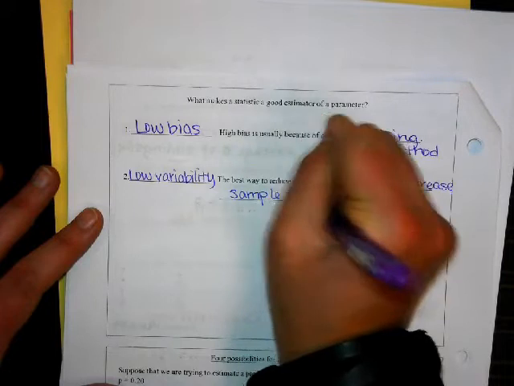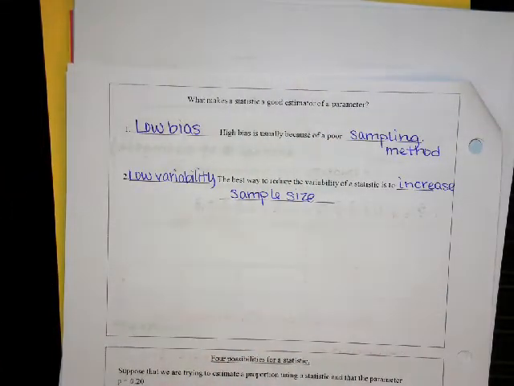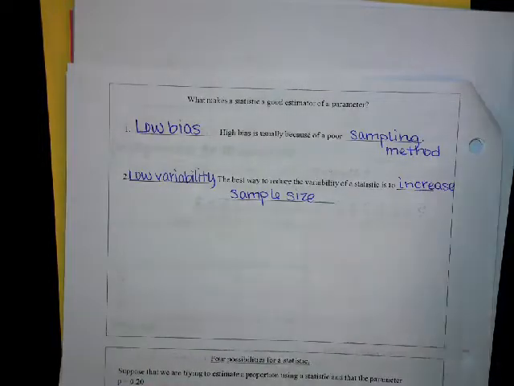Thanks, Calvin. All right, so down below, we're going to look at the 4 possibilities for a statistic. High bias, high variability; high bias, low variability; low bias, high variability; and then the one we're aiming for, low bias with low variability. We're going to make sketches of dot plots. Are these actual sets of data? No. It's the dot plot and the shape that really matters.